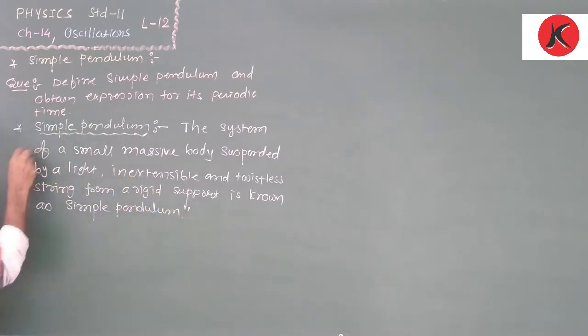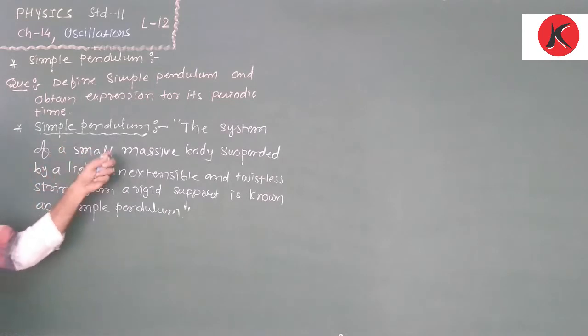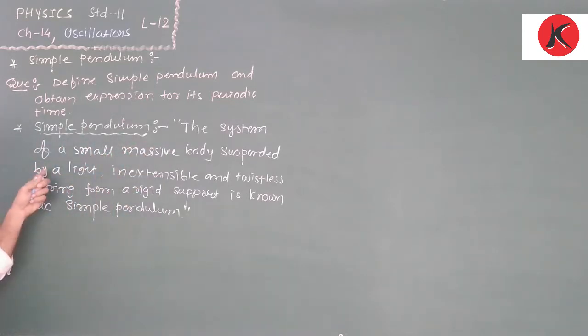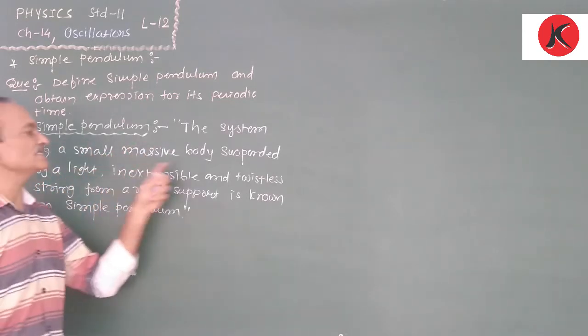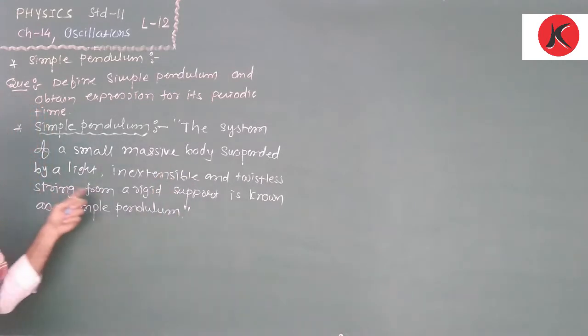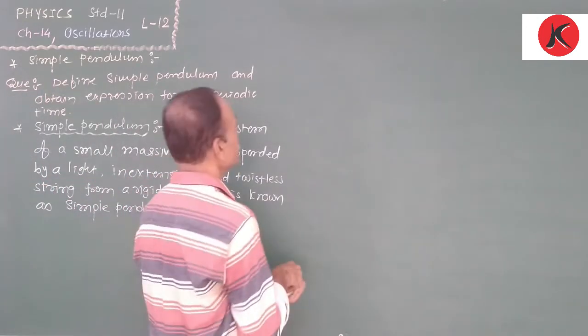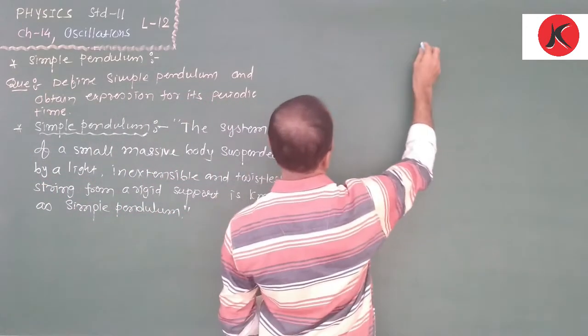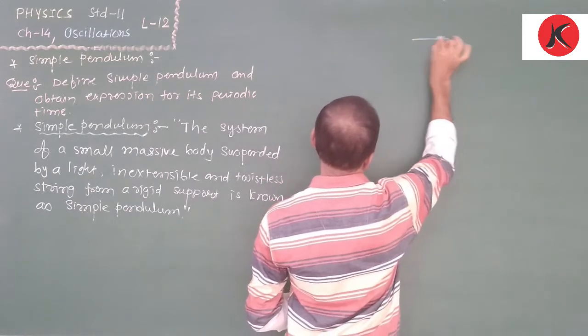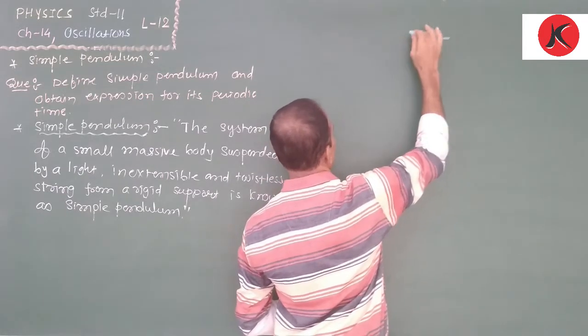Again, what is the definition of simple pendulum? The system of a small massive body suspended by a light, inextensible and twistless string from a rigid support is known as simple pendulum. Here we draw the figure of the simple pendulum. That is the rigid support.